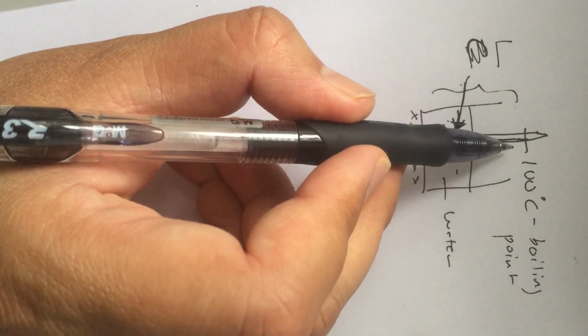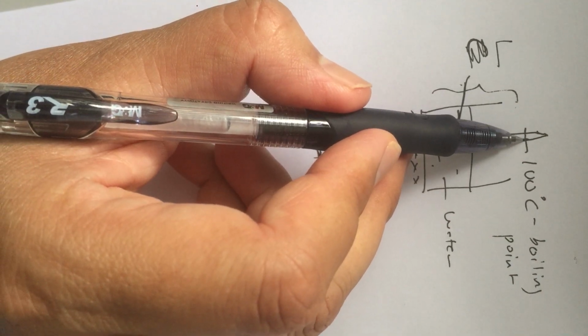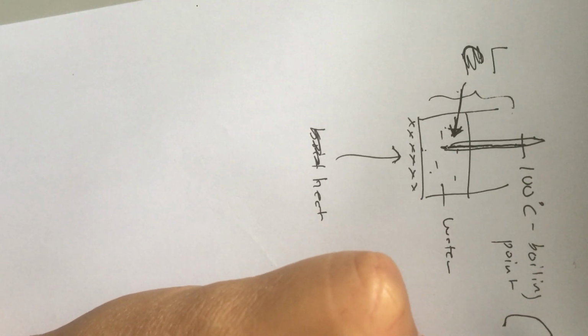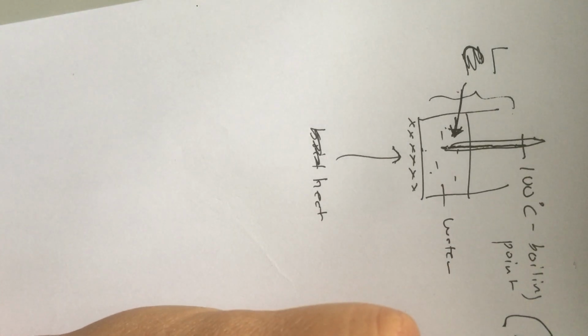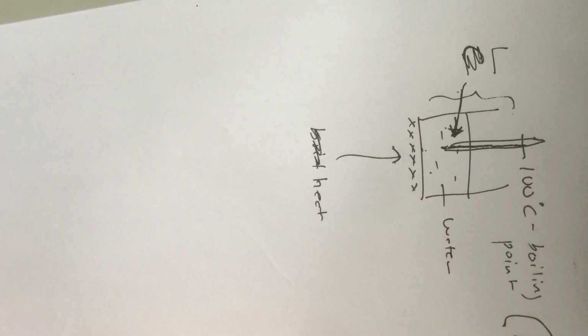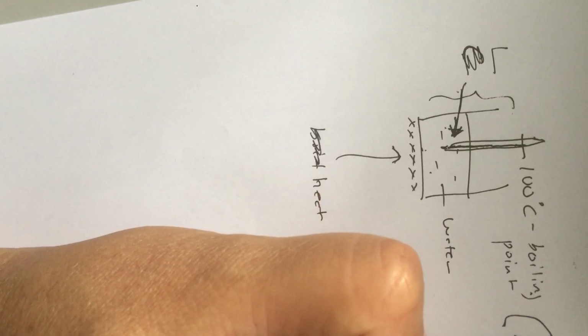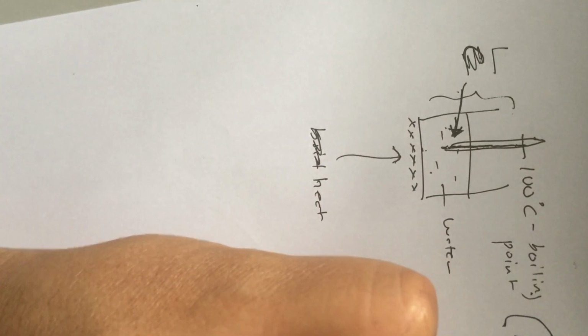Now when it reaches boiling point, this is the stage when the liquid starts to change to gas. And so what does boiling point mean? It is the point where the liquid will start to change to gas.